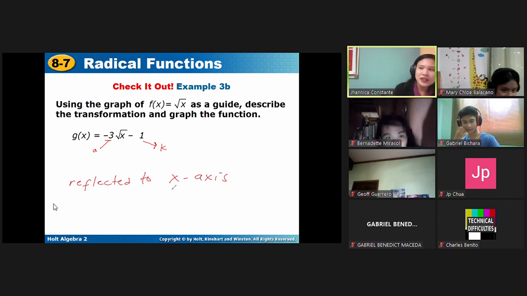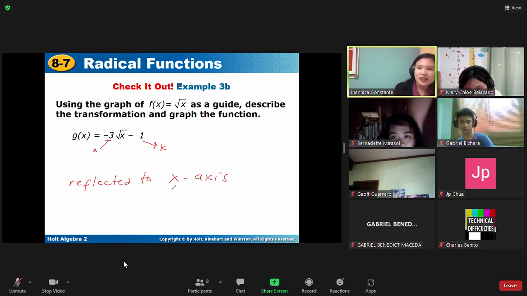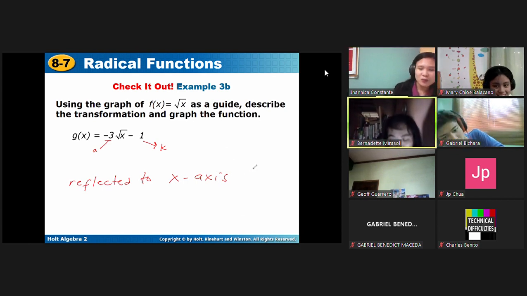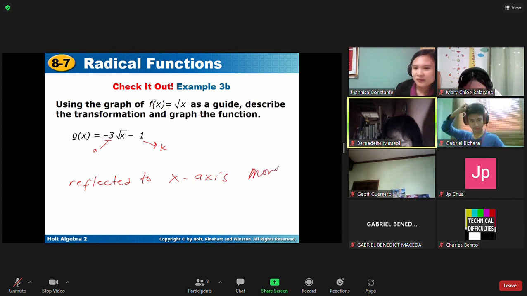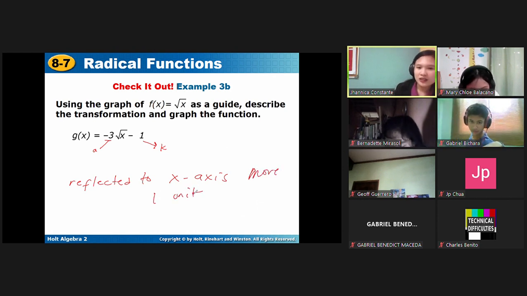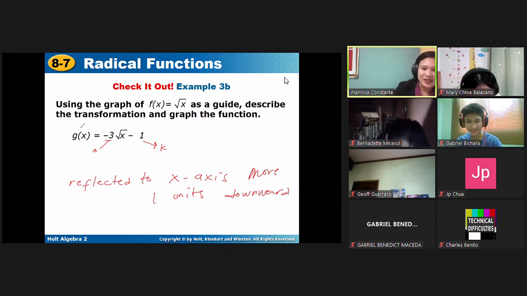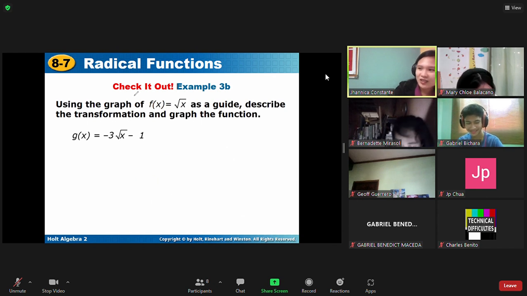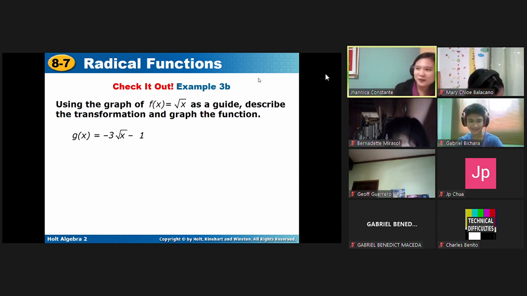And since we have negative 1 for our k, upward or downward? Downward. It moved 1 unit downward from our parent radical function. So that's how we describe our radical function.